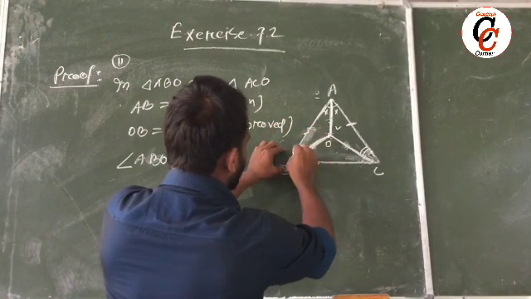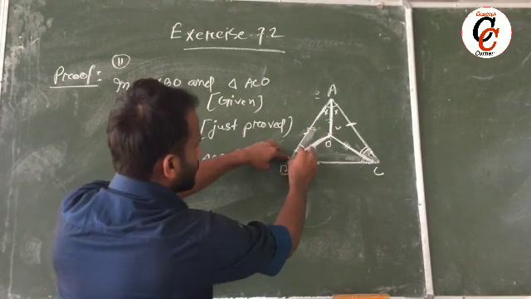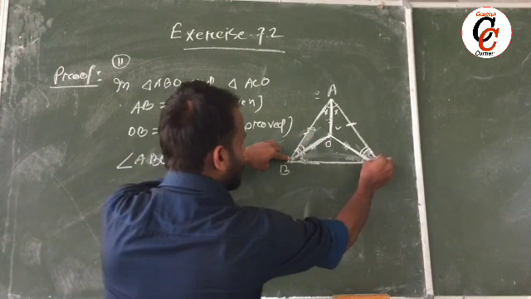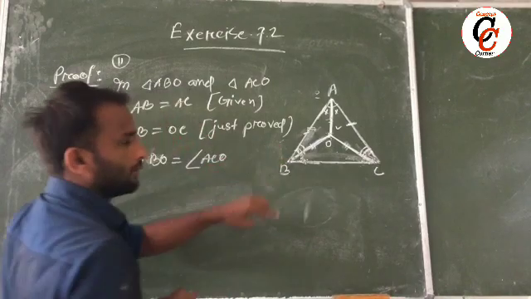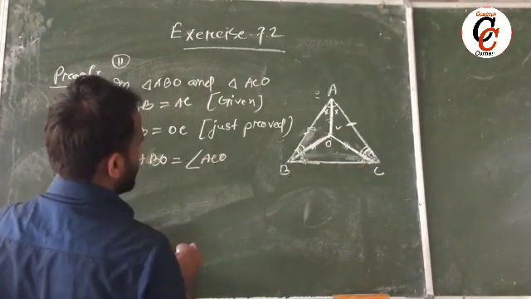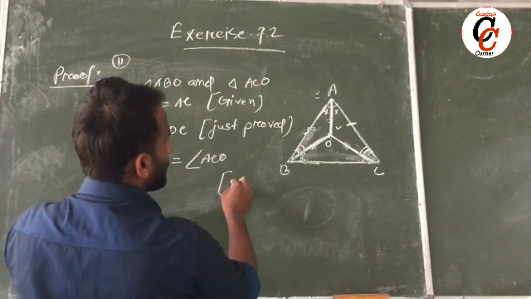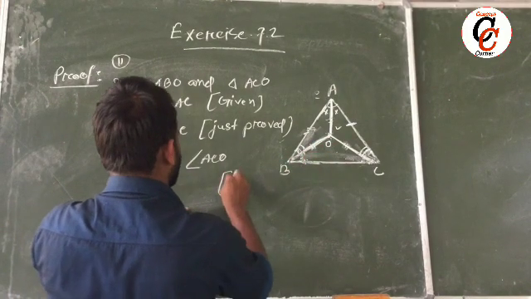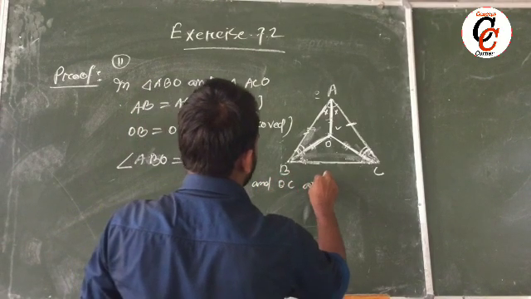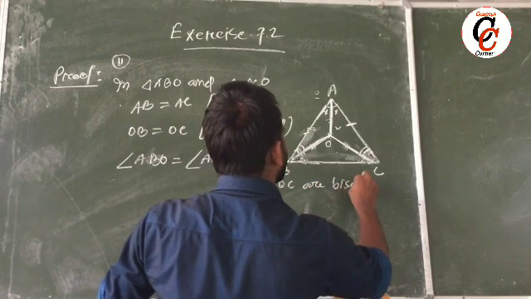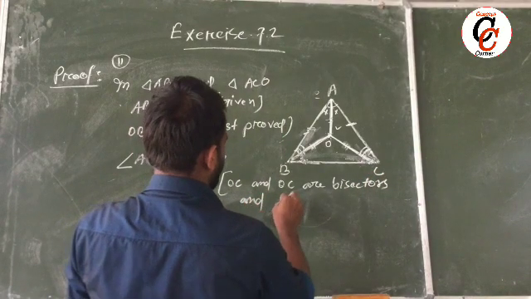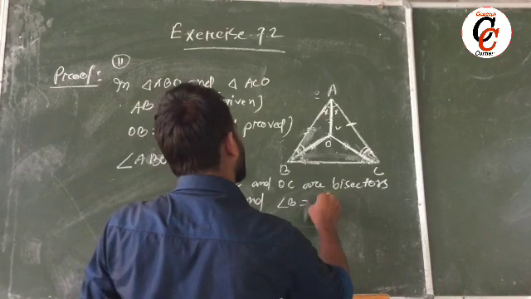Half of angle ABC gives this angle, and half of angle ACB is angle ACO. Here you can write, since OB and OC are bisectors and angle B is equal to angle C.